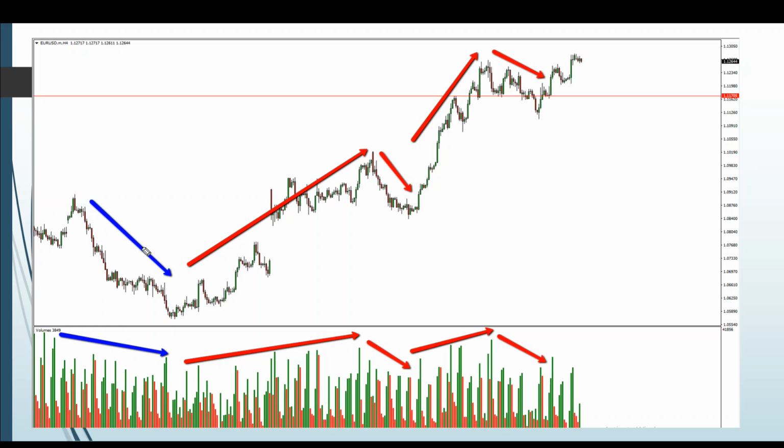Now this is a downtrend, obviously, the blue arrows covering this part, right? This is a downtrend, but what we can see here is that the volume is also decreasing. That gives us the idea that we are either going to see a pullback or a reversal.